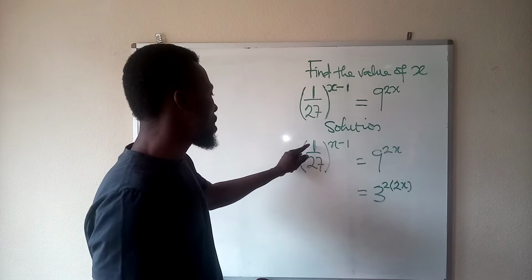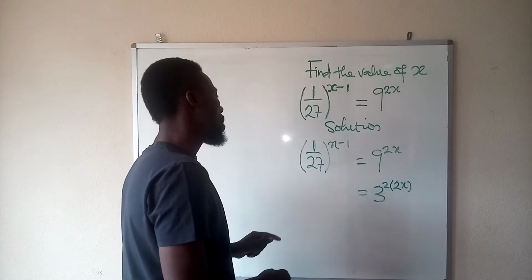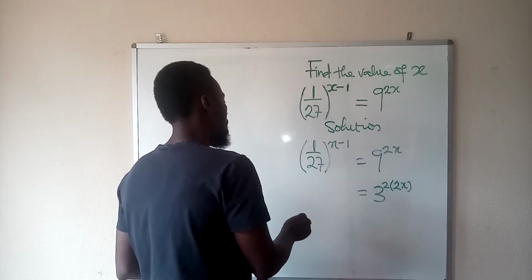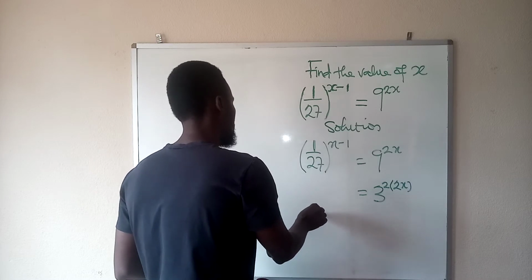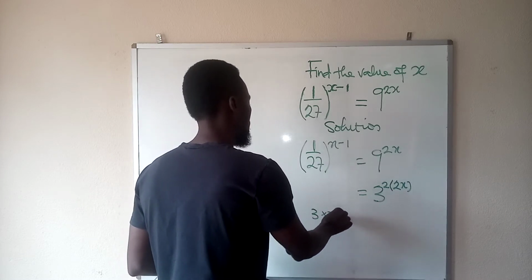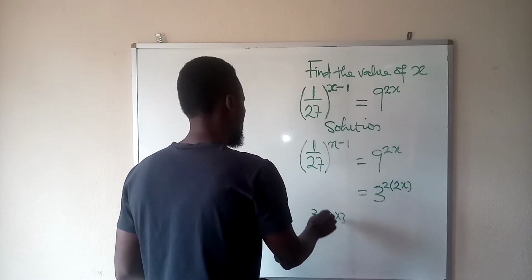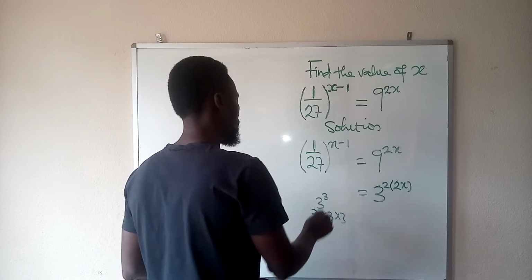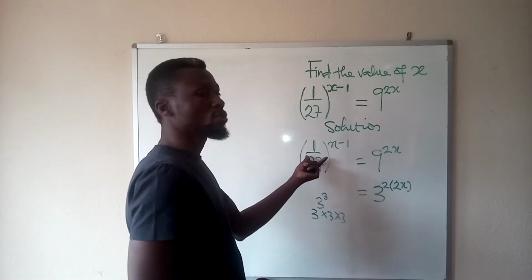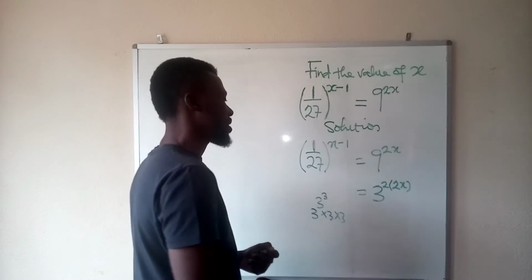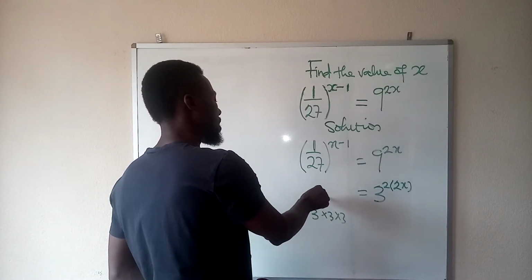Now let's come to this side, the left hand side. What we have is 1 over 27. Now 1 over 27 in terms of 3: we know that 3 times 3 times 3 is 27, so 3 raised to the power 3 will give us 27. But this is not 27, it's 1 over 27, so this power must be negative.